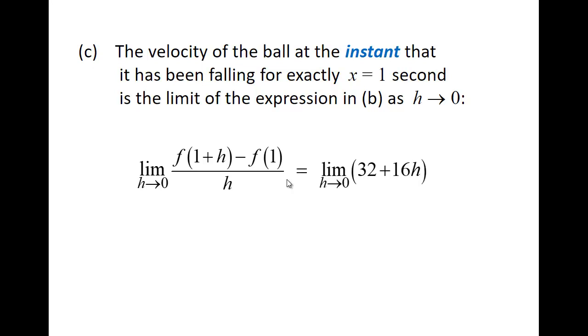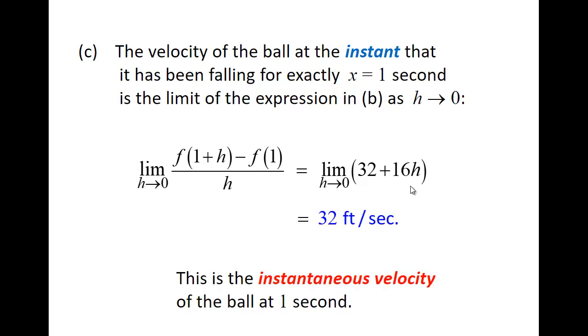Recall that we computed that to be 32 plus 16h. So as h goes to 0, we get 32. And so the instantaneous velocity of the falling ball is 32 feet per second at the instant when time has elapsed for 1 second.